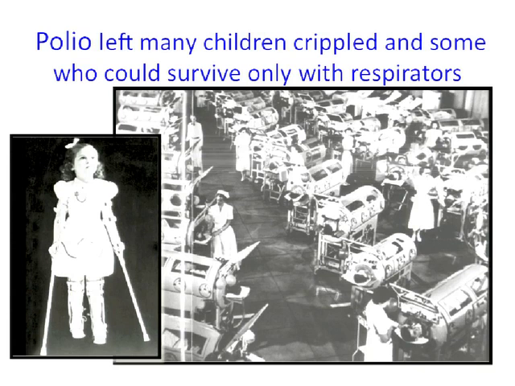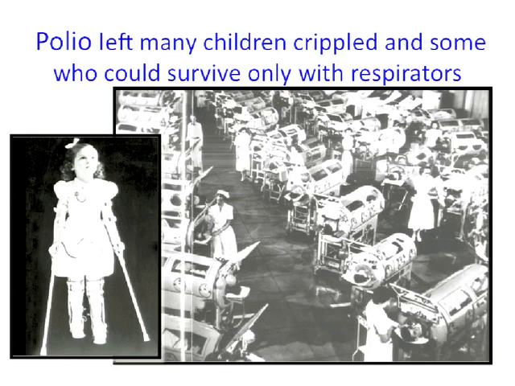And from when polio first hit the United States until this vaccine was tested, hundreds of thousands of children died from polio, and those who did not die often were crippled or could only survive in respirators.